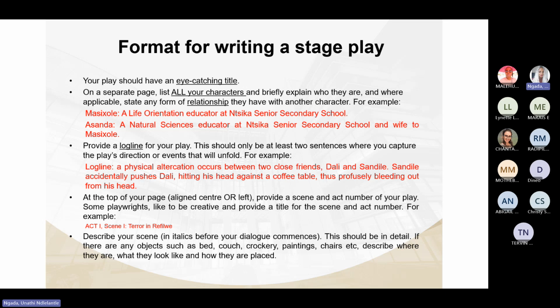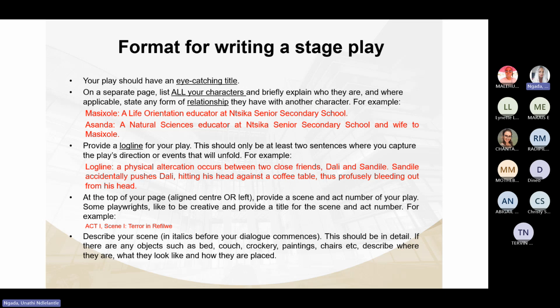If there are any objects in the scene, like a bed, a couch, crockery, paintings, chairs, etc., you have to describe where these objects are placed and how they are placed. So this is describing the scene of your play before the dialogue even commences.